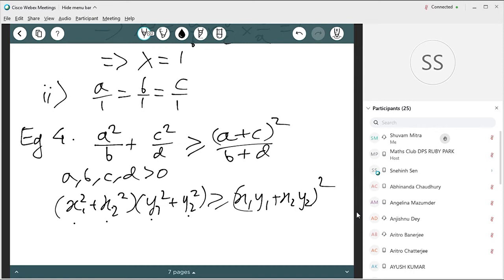I'm sure you have some ideas, but I'll give you a hint. Set x1 is equal to root b. Because b is greater than 0, we can do this. And set x2 is equal to root d.